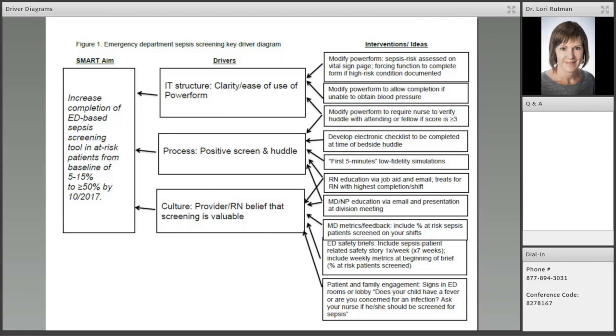They didn't really know if the huddle was supposed to happen. There was inconsistent uptake of people talking about it or using the sepsis pathway if a patient was at risk for sepsis. So the process really needed to be addressed.